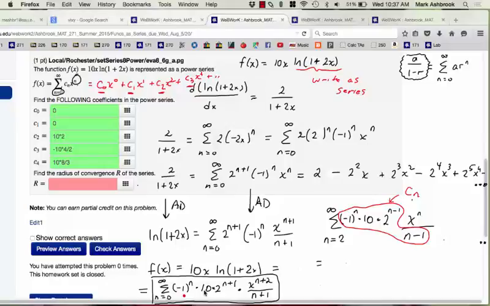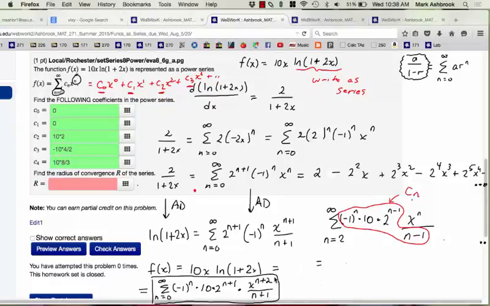So this does not match the form of this in order to put these answers in, because the form of this series is that the exponent of x is the same as the index. Here, the exponent of x is not the same as the index. It's 2 greater. So the first term I get here is with an x squared.